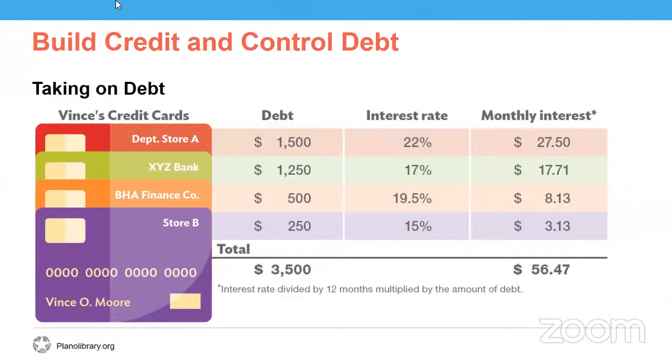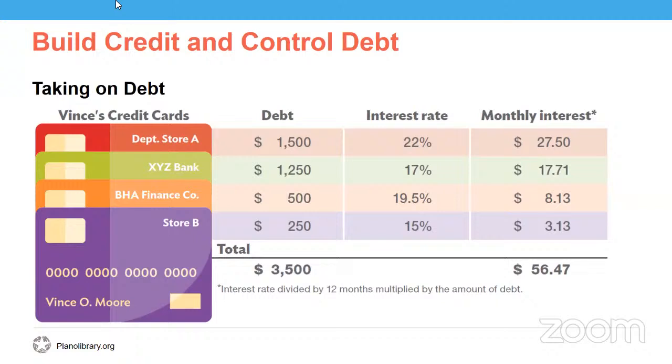After taking stock of your financial situation and deciding to strategically take on debt, make sure you understand the cost of taking on debt. Here's a listing of Vince's credit cards and their balance, interest rates, and the monthly interest charges. Remember that interest is lost money. It is a charge by the company or the bank to allow you to borrow money.